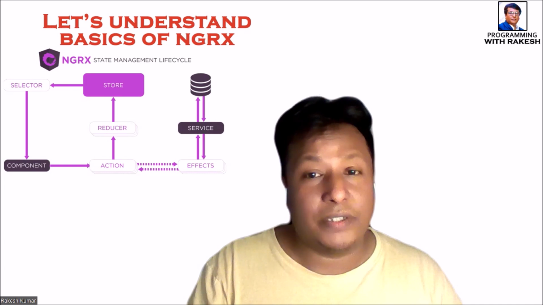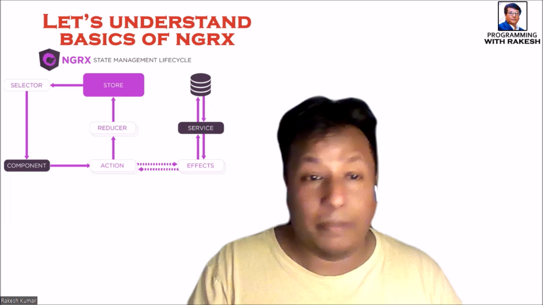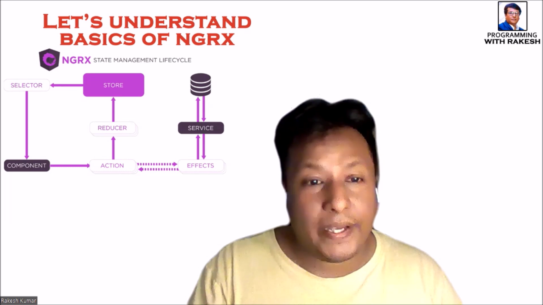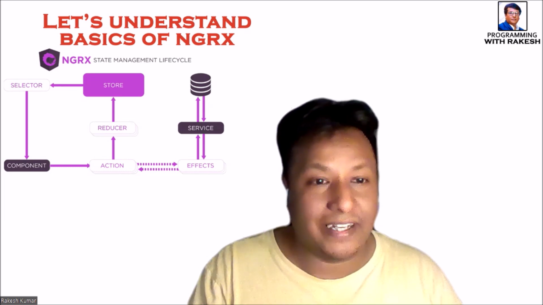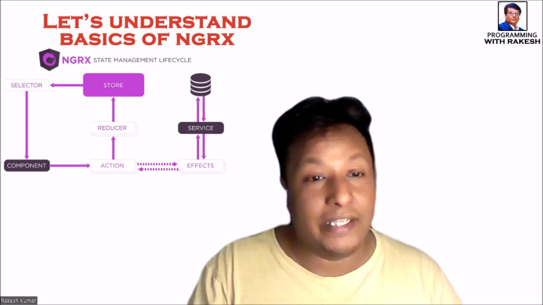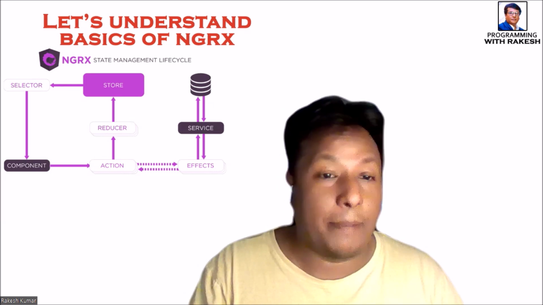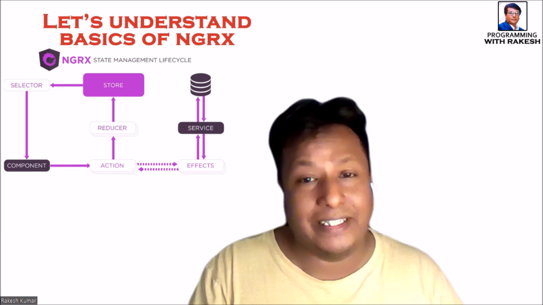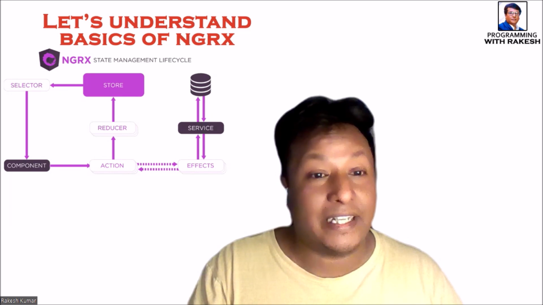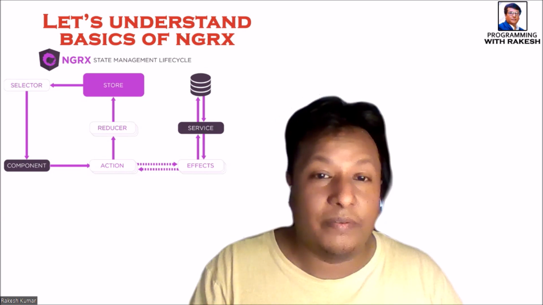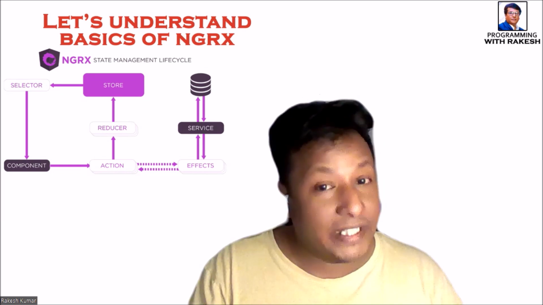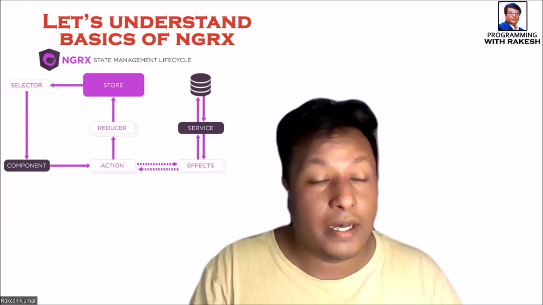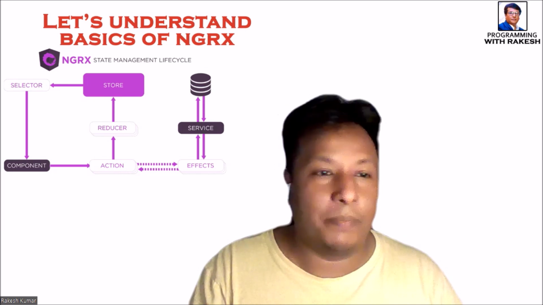Why? Because your application can be bigger or it can be a complex application. So here comes NgRx, and it easily manages your application state. It provides a set of tools and techniques for managing state in a consistent and predictable way. This makes it easier to build and maintain a large, complex web application over time.